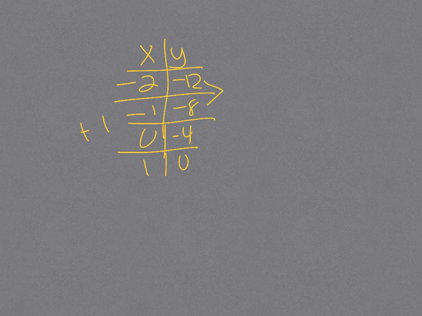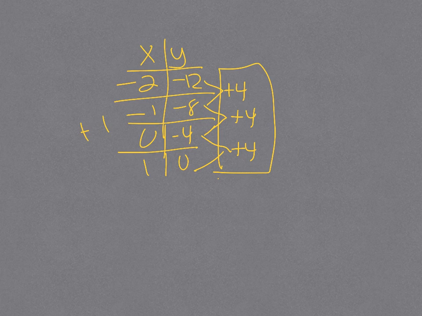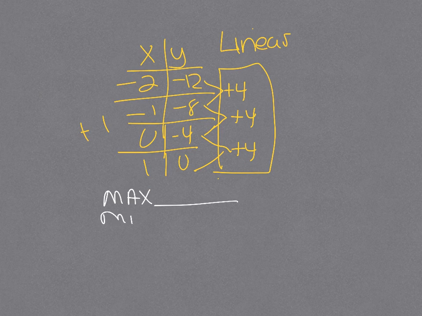And on this side, -12, if we add 4, we get -8. -8 plus 4 is -4. -4 plus 4 is 0. So we have a constant first difference, so that means that it's linear, right? So when they ask for a maximum or a minimum, it's going to be none because it's a straight line.